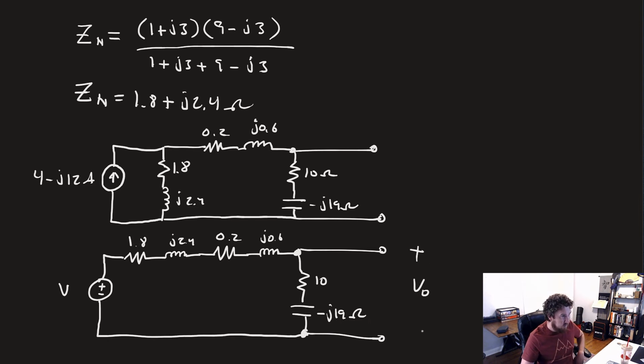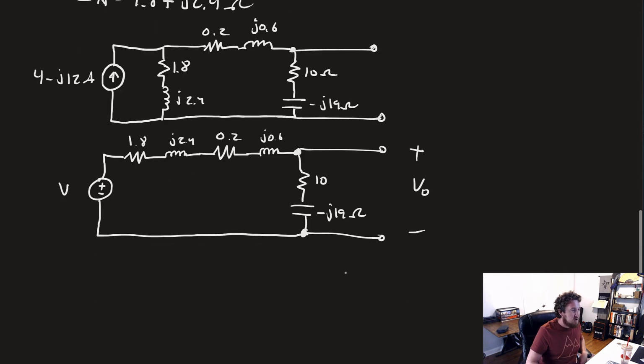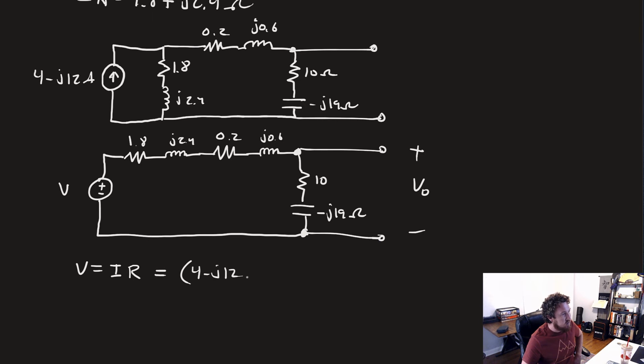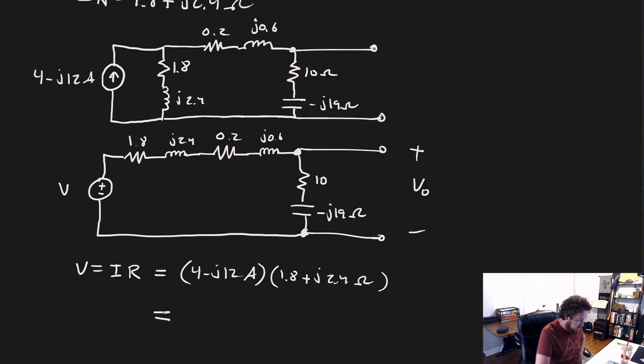We're still hunting for that voltage, so we use Ohm's law to calculate our V. V is equal to IR, so that's 4 minus j12 amps times 1.8 plus j2.4 ohms. I'll leave it up to you to finish that arithmetic, and you should get that V is equal to 36 minus j12 volts.